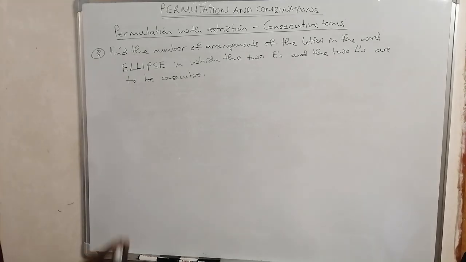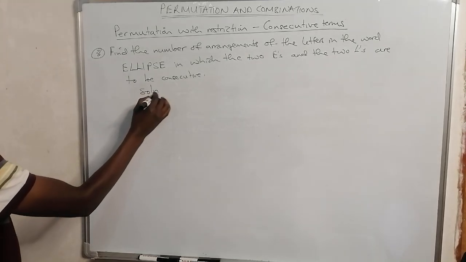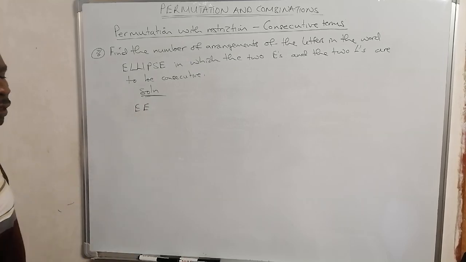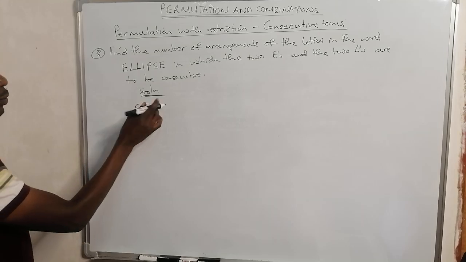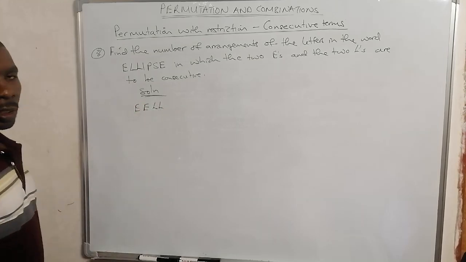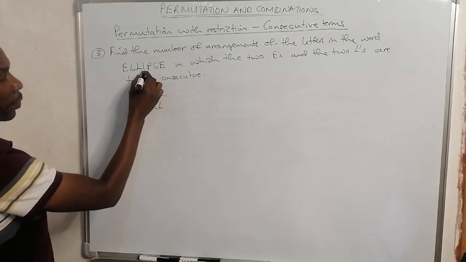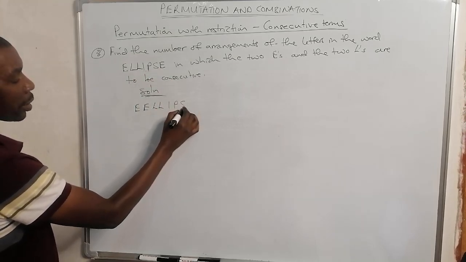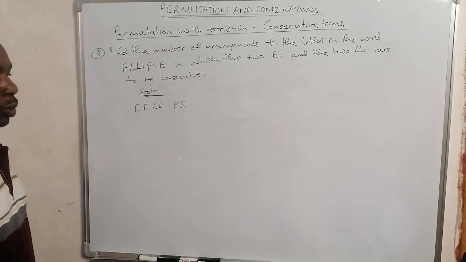Right, so in this case we are going to rewrite this with the E's as a block. The E's are going to be consecutive and the L's are going to be consecutive. So now we have the E block, the L block, I, P, S. So how many terms do we have now?